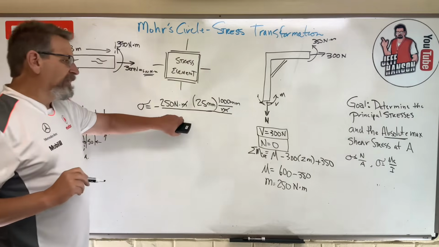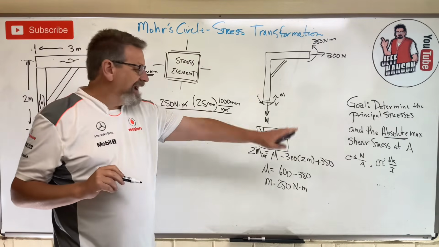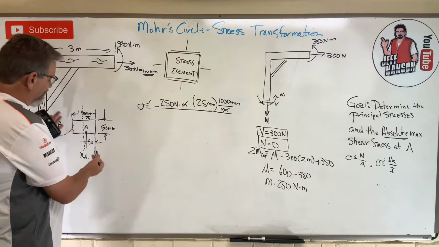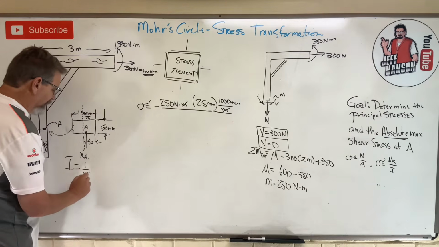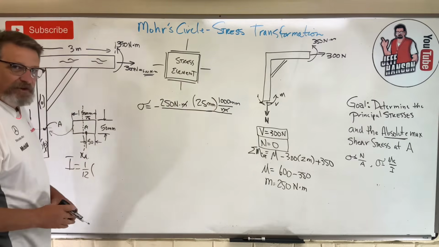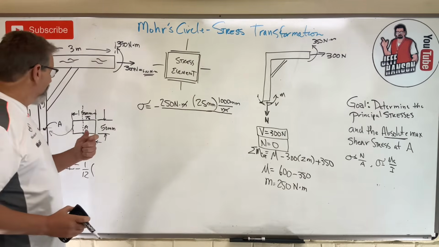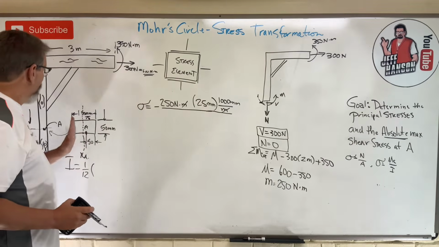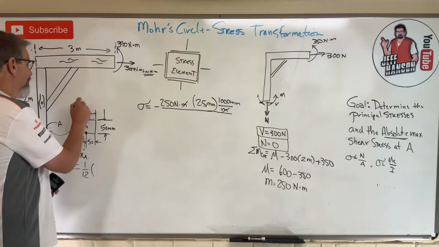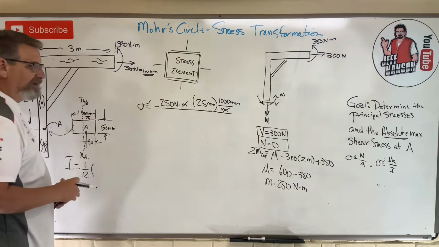And now down here on the bottom, what do we need? We need I. We got to calculate, well, it's just a rectangle, right? I equals 1/12 the base, okay? Now, Johnny Weeksauce would say, hey, the base is 150. No, because we're doing this, right? We're doing I, Y, Y, okay?